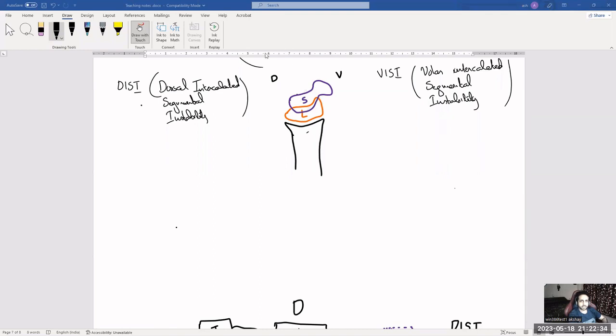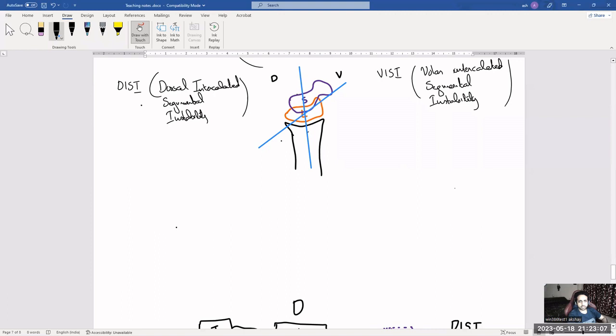There is something known as the scapholunate angle. Normally it is between 30 and 60 degrees. This is the scaphoid axis and the lunate axis, through the lunate it comes like this.